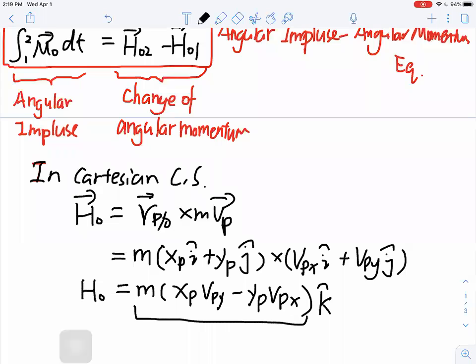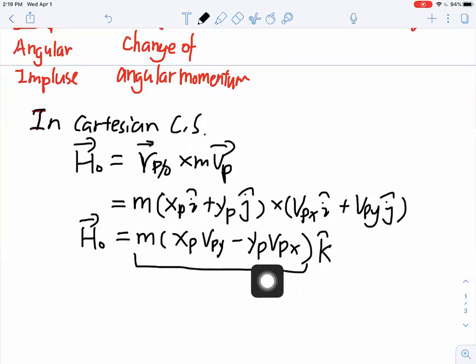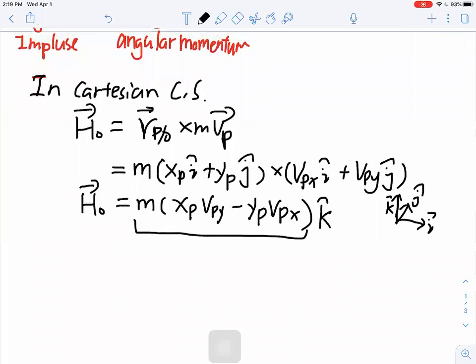Remember, we're doing angular momentum, that's a vector. And the angular momentum is in the k direction. If we draw this in 3D, it's our j, i, and our k would be in that direction if you use the right-hand rule. Okay, and so this is the expression for angular momentum in the Cartesian coordinate system, right?